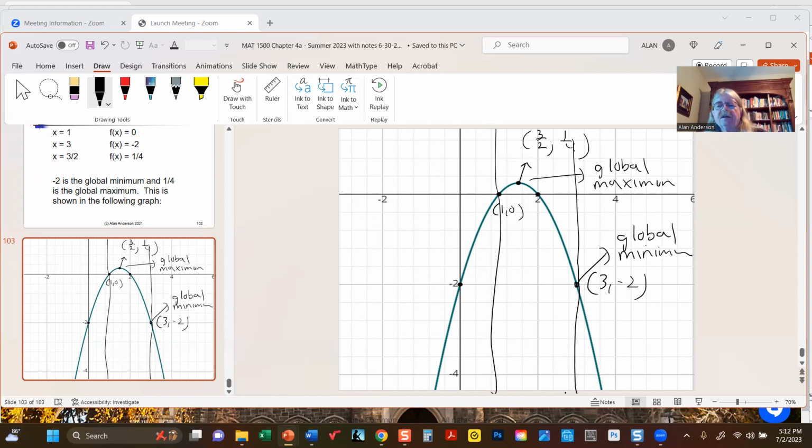And again, this is only because we're only considering the interval from 1 to 3. Otherwise, we'd probably have something different. But if this is the only range that we're interested in, then, for example, if you're trying to maximize your profits within the interval 1 to 3, then we would go to this point 3/2. Or if we're trying to minimize your costs, then we would go with that point 3 comma negative 2.